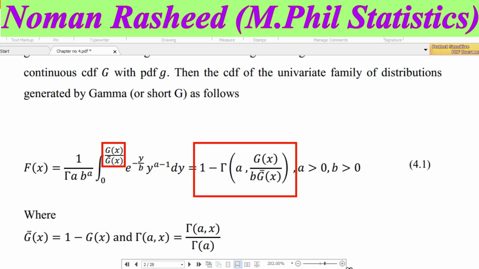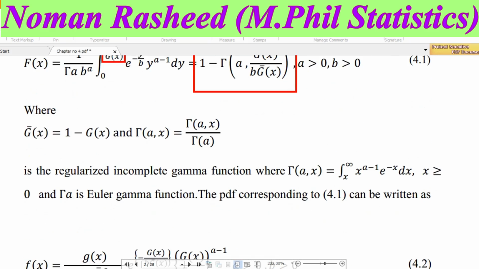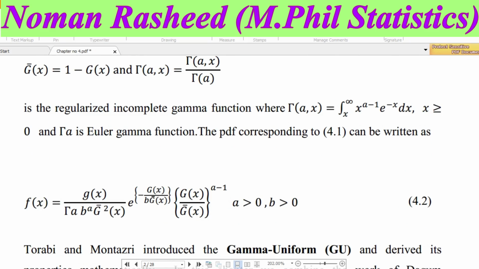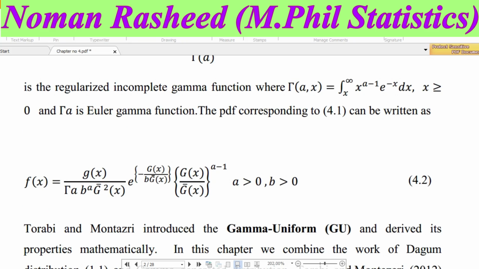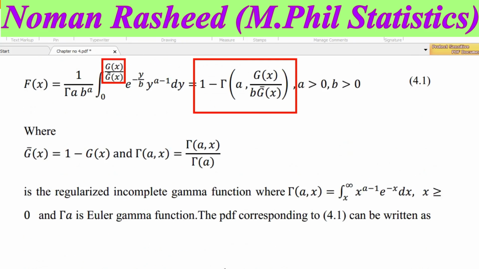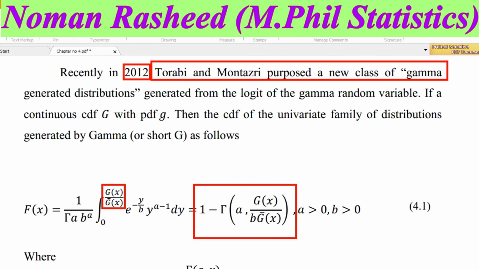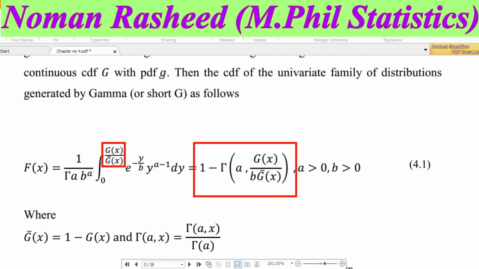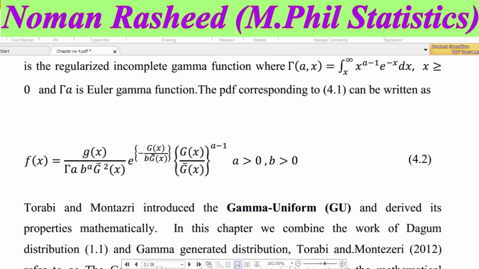So the PDF of the distribution proposed by Torabi and Montazeri is gx over gamma A gamma B, raised to power A, G bar square x, e raised to power minus Gx, and so on.